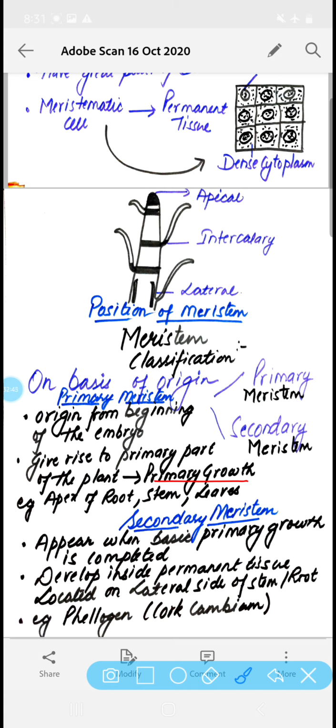Primary growth means increase in length and secondary growth means increase in girth. So example of the secondary meristem is phloem, that is the bark, cambium, that is the bark of the tree. So that was all about the meristematic tissue and its classification.